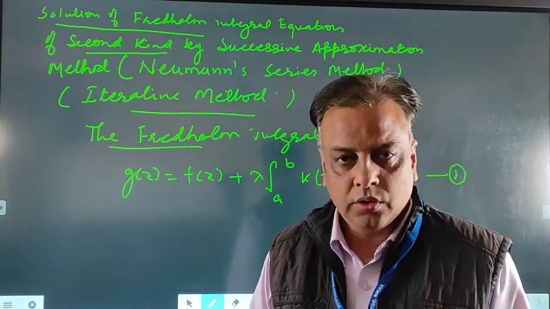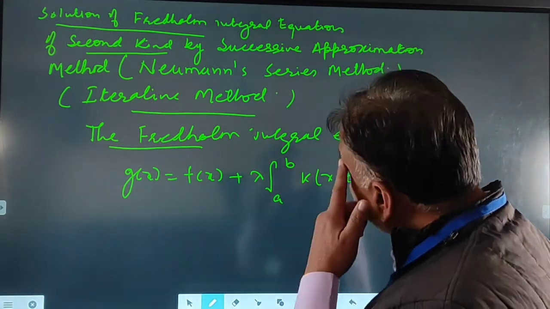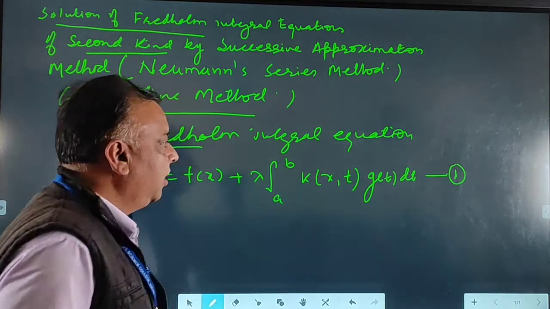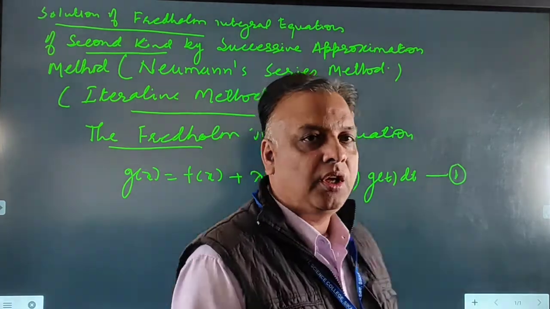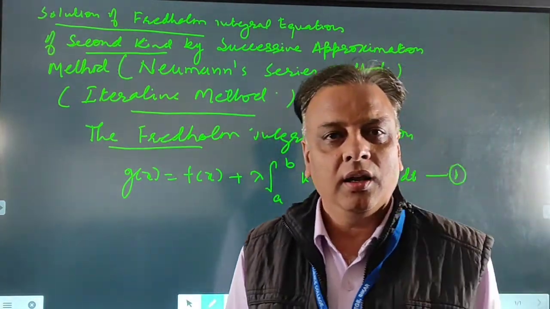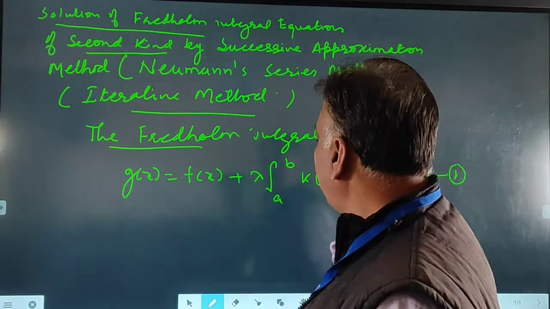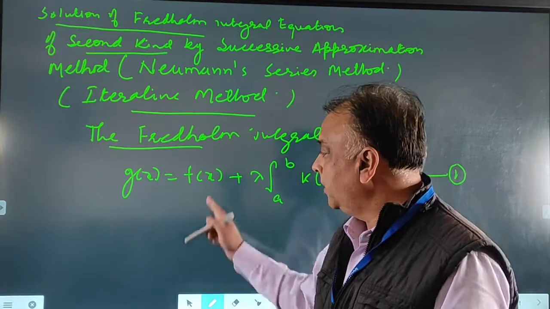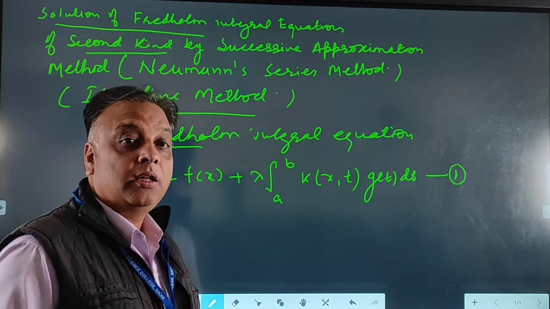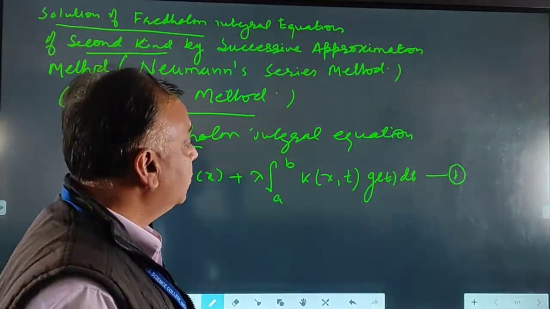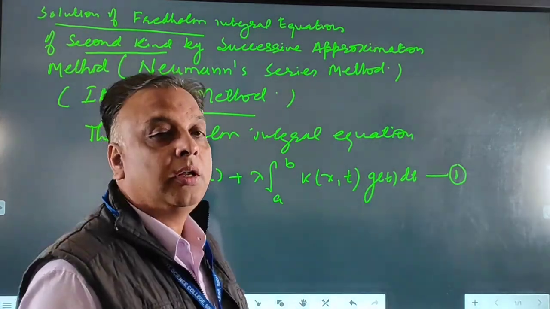Here the function K(x,t) is known as the kernel, defined for x and t, where x lies between a and b and t also lies between a and b. The function f(x) is not equal to 0, and the parameter lambda also will not be equal to 0. So this is the given integral equation, known as the Fredholm integral equation of second kind.